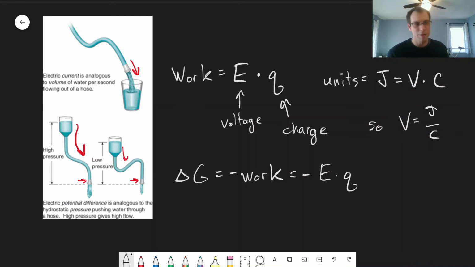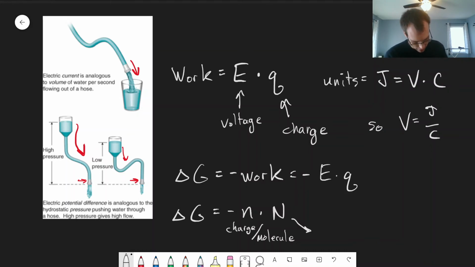If we write this in terms of molar quantities instead, we have that delta G equals negative n, n here being the charge per molecule, right? So if you have a +2 charge versus a +3 charge versus a +1 or -1 or whatever, times capital N. Capital N here is the number of molecules.